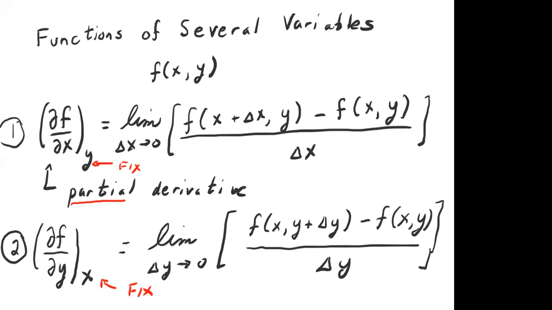So that's in principle how you'd calculate a partial derivative. You may be smarter than I am. I can't see this immediately. So what I would do is just look at an example and see how this works.